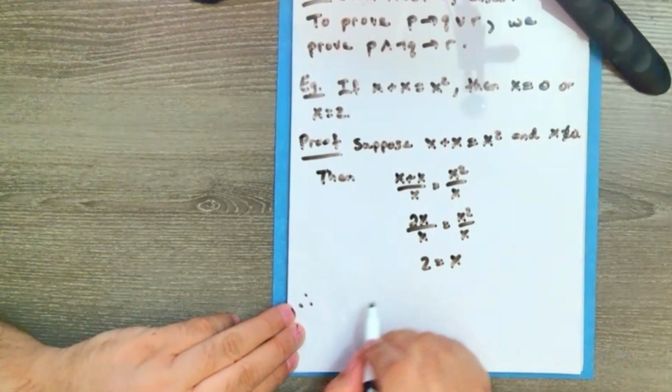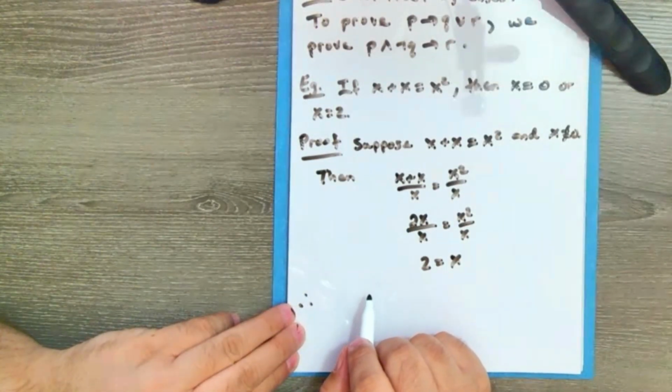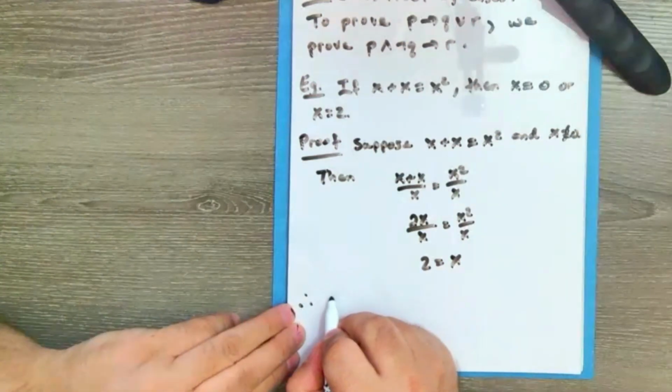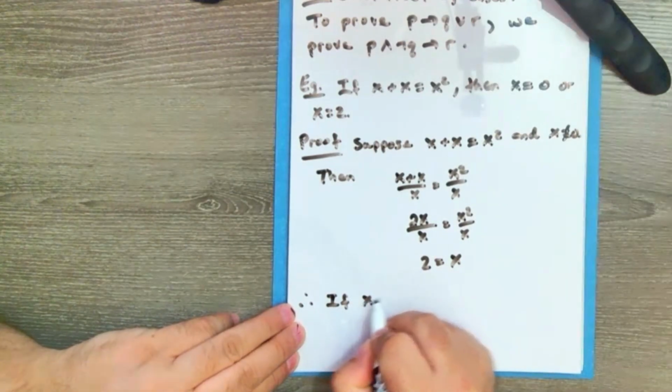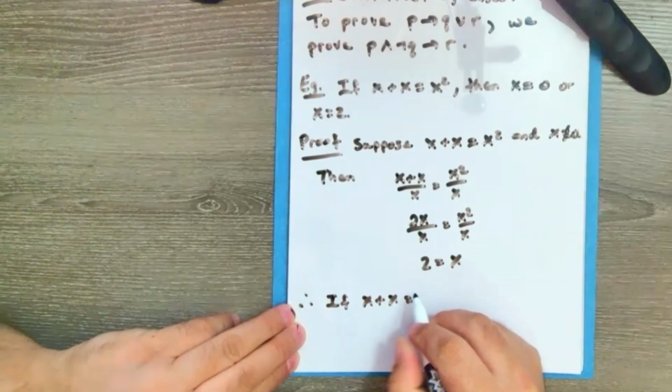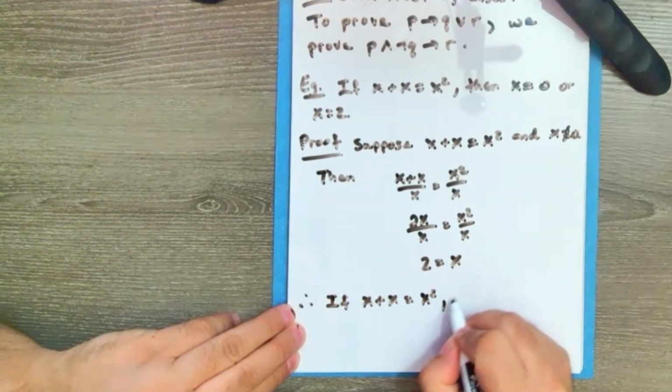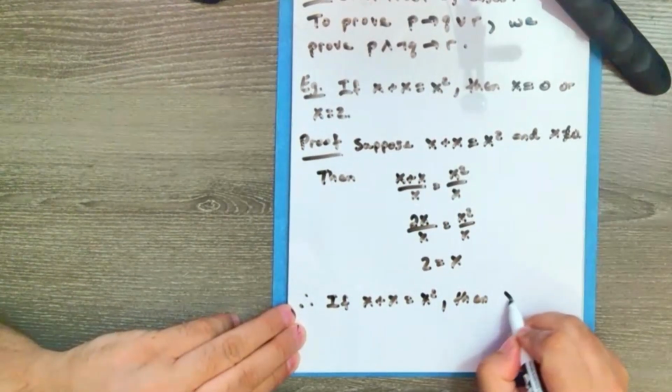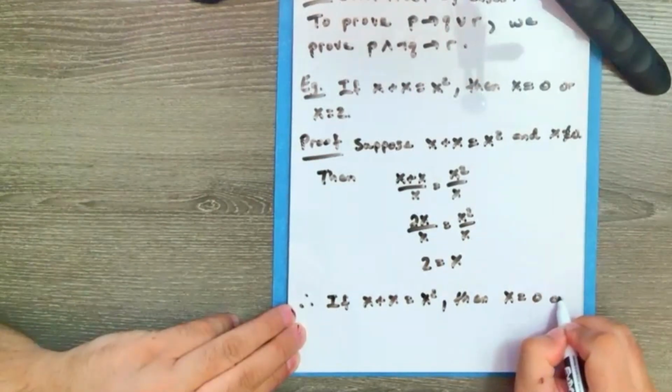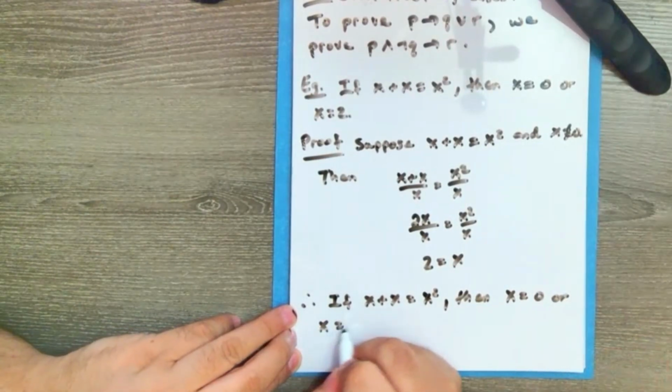And therefore, we have proved using the alternate proof by cases that if x plus x is equal to its square, then either x is 0 or x is equal to 2.